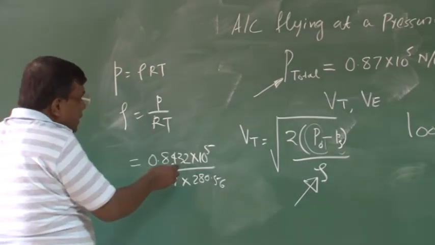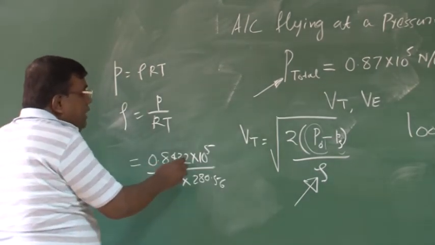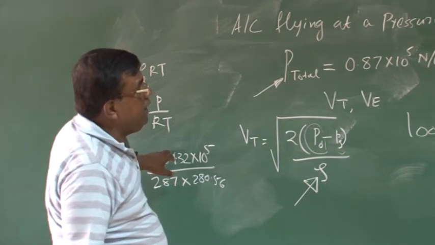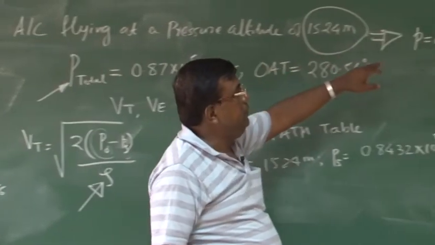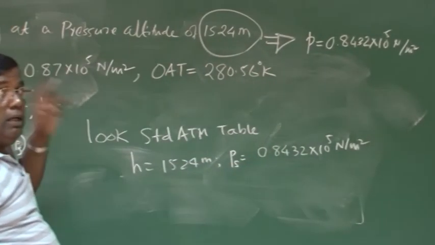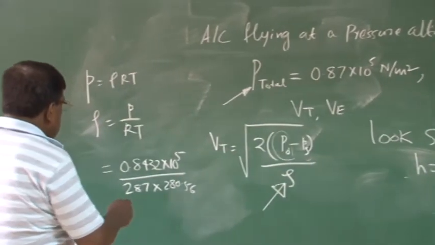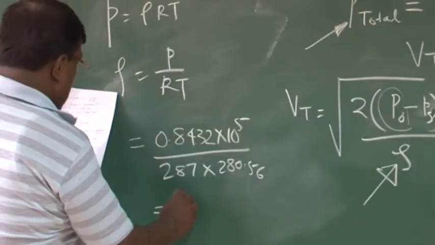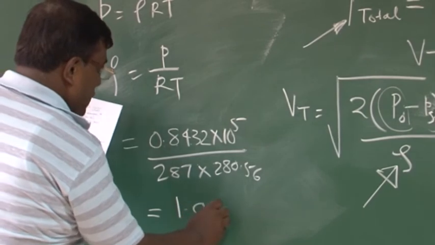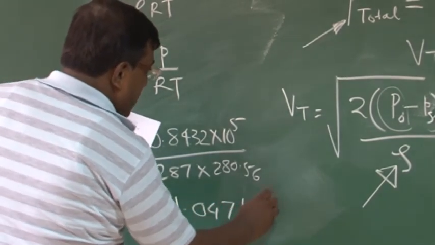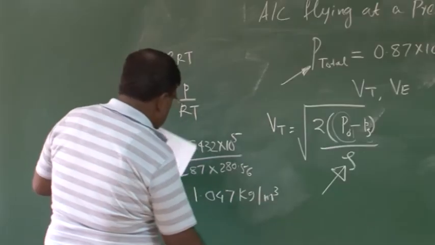Please understand here, I have taken 0.8432 because this value I have got from the pressure altitude. That I will be using, not the total pressure. So this will give me rho as 1.047 kg per meter cube.